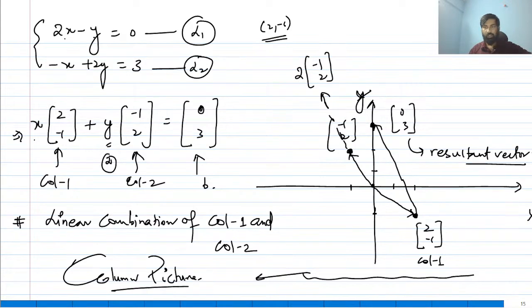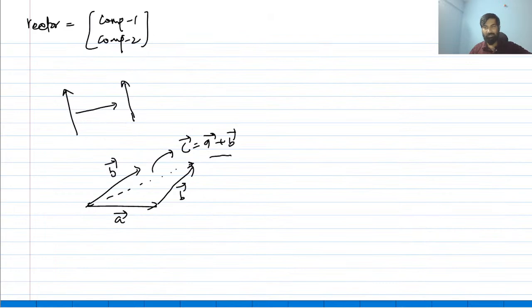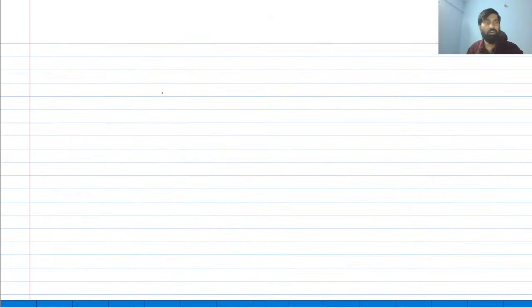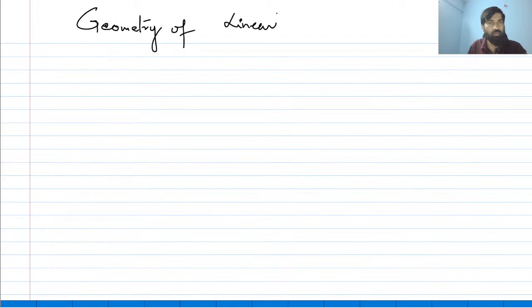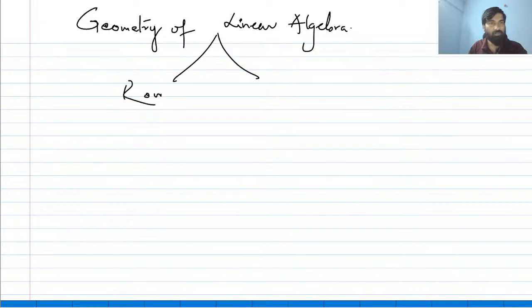Okay, so if you are representing your matrix in the form of row picture and column picture, that is known as the geometry of linear algebra. Geometry of linear algebra is nothing but the row picture and the column picture.